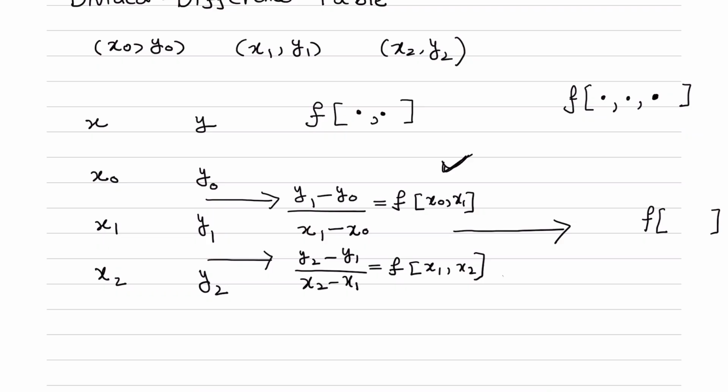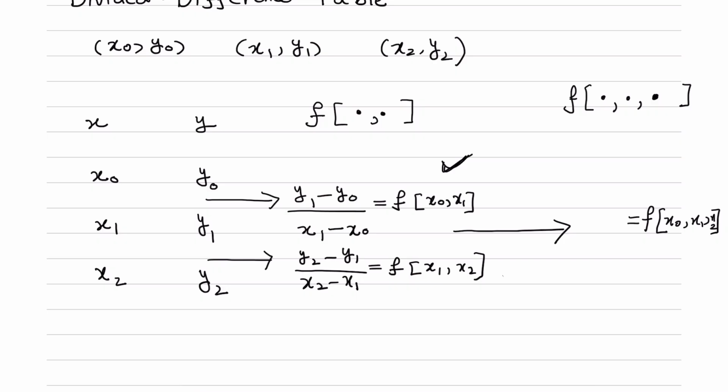F of x0 x1, the first two x's. So in the fourth column, which involves three x values, you will have the first three x's. There are only three x's, so we will put all those three x's, x0, x1, x2. This is just the notation of what we shall get here.